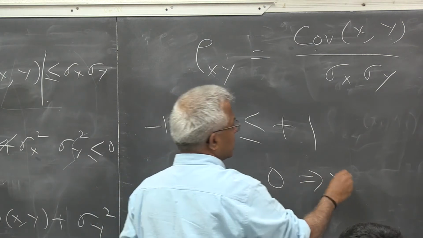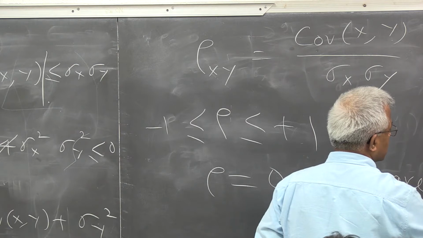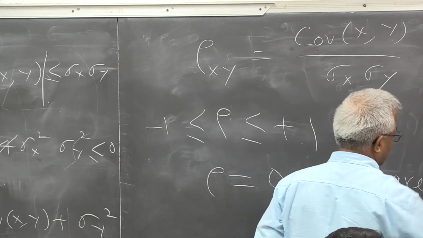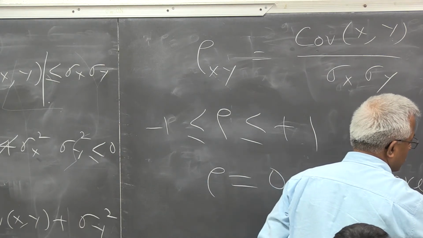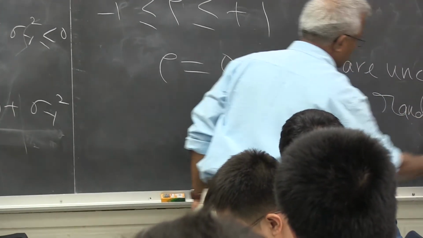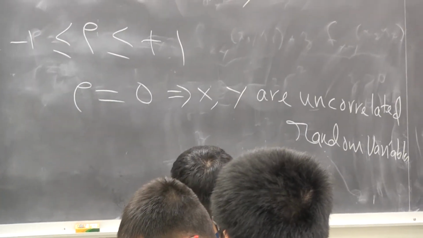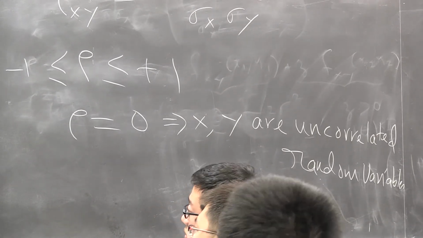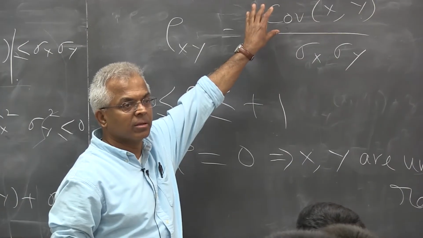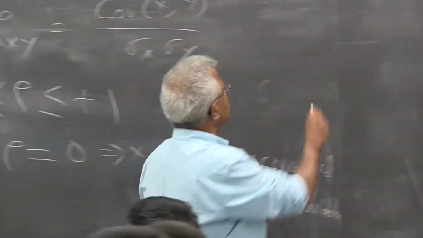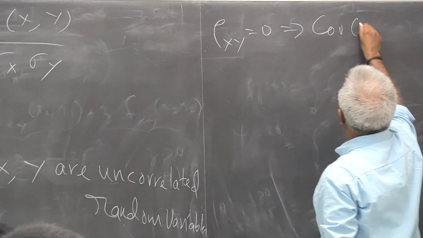We say x and y are uncorrelated. So when will rho equal 0? Look here, if rho is 0, what else is 0? Rho equal to 0 is the same as covariance equal to 0.